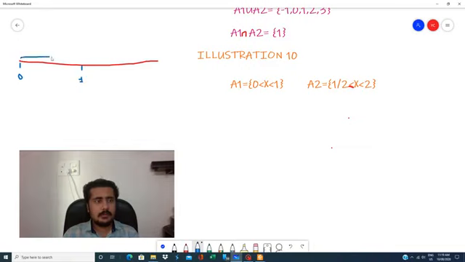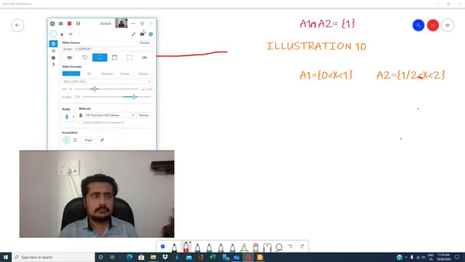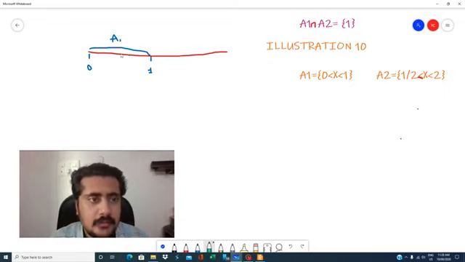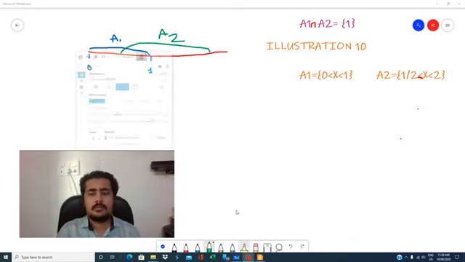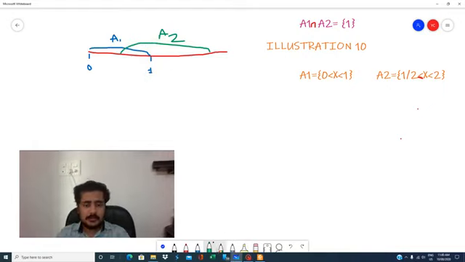This is A1, and this is A2. So this A2 is starting from half and going to 2.